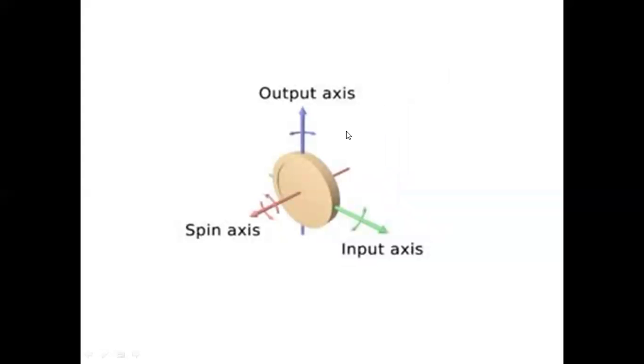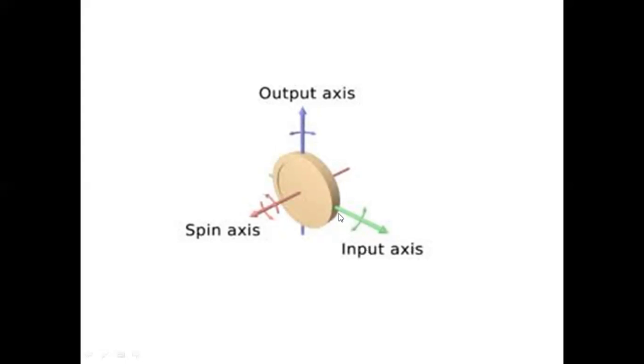So you can see from this diagram there are three axes. One is input axis, spin axis, output axis. Spin axis is the axis about which our disk is rotating, and this is nothing but our precision axis. So about this axis we are going to disturb the rotating disk.